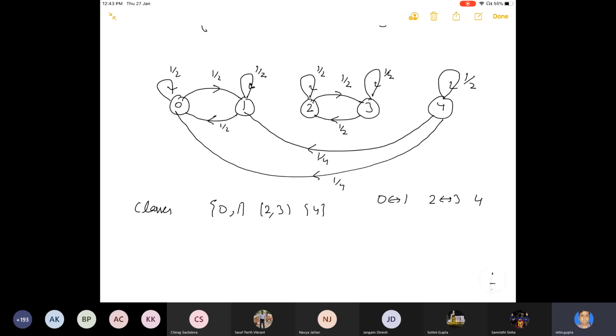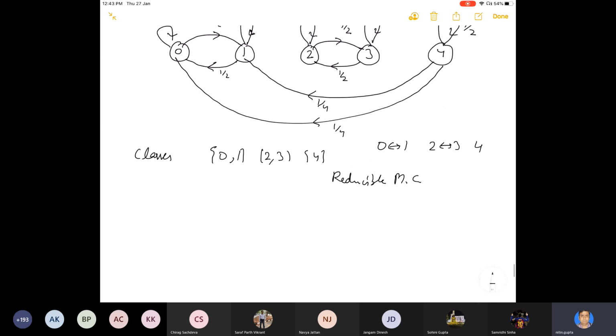First of all, whether the Markov chain is reducible or irreducible: whether all states communicate with each other. All states do not communicate. So that means this is not irreducible. This is a reducible Markov chain, first of all.